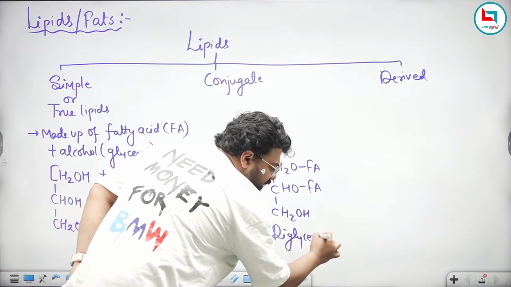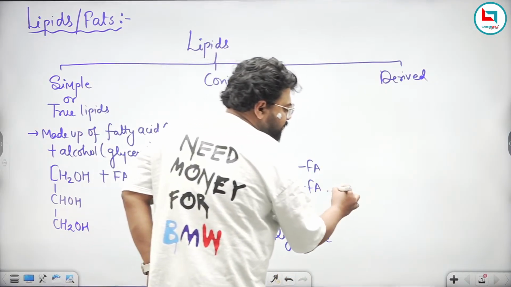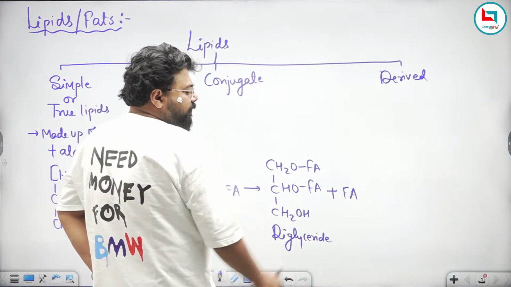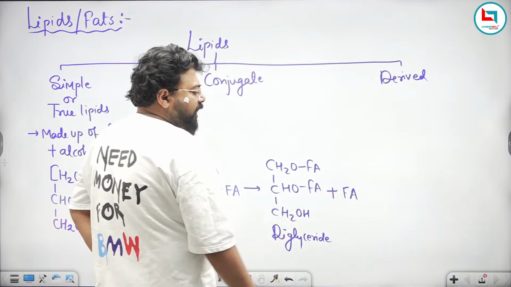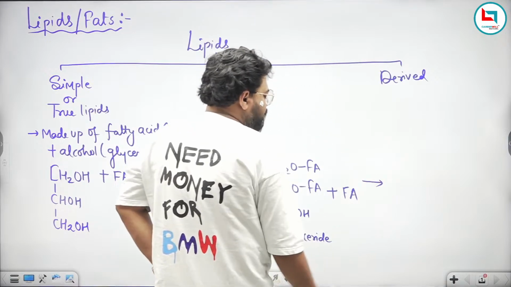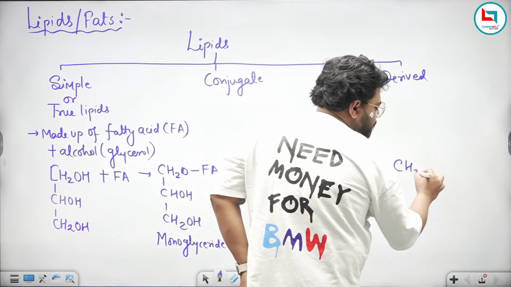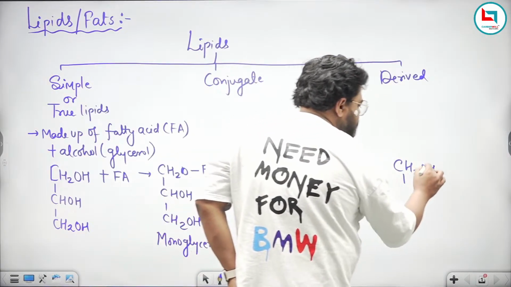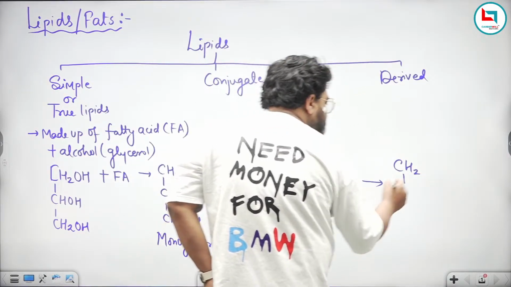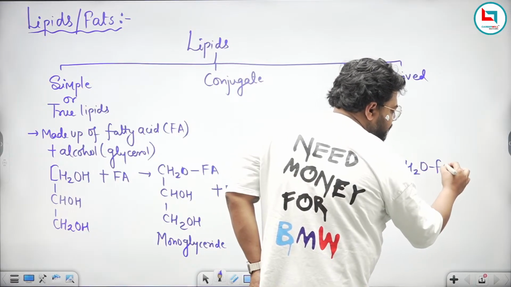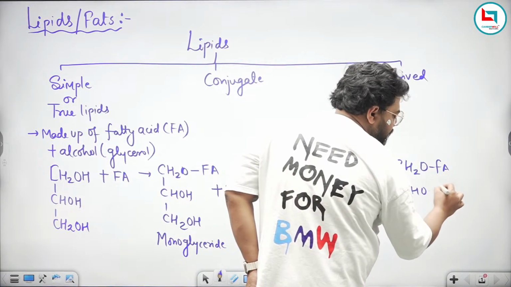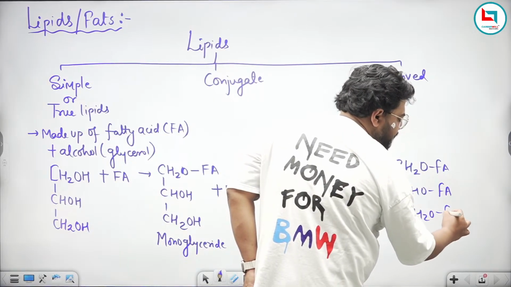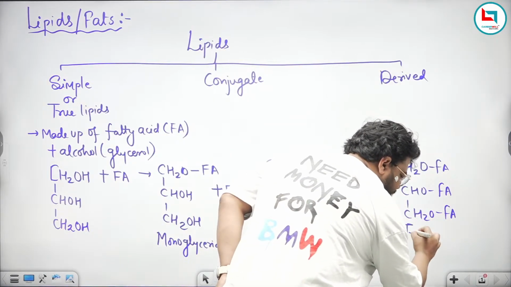Now again, this diglyceride will react with another fatty acid, and this fatty acid will replace the hydrogen and form an ester bond. So CH2O-Fa, CHO-Fa, and CH2O-Fa. So this is triglyceride.